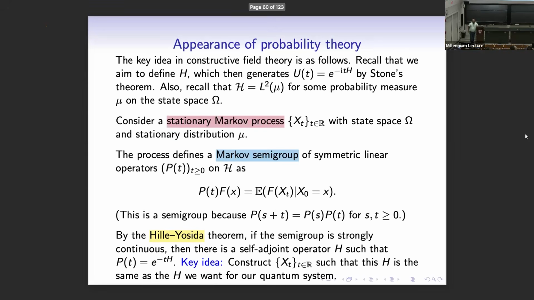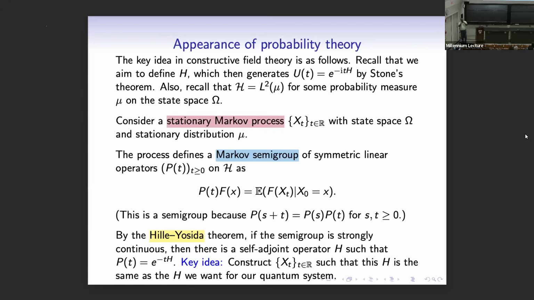Okay. So the key idea underlying this whole program, and it's not presented as such, but I'll tell you a little bit about what's the difference. Construct this Markov process such that this H is the same as the H that we want for our quantum system. So to build the quantum system, we just need this self-adjoint operator H. Somehow we have to construct this.